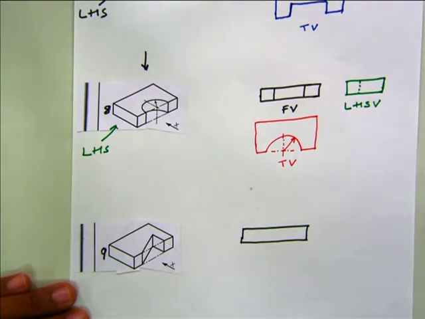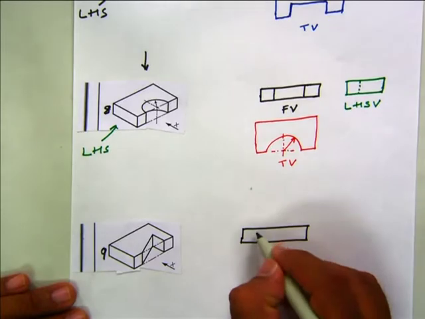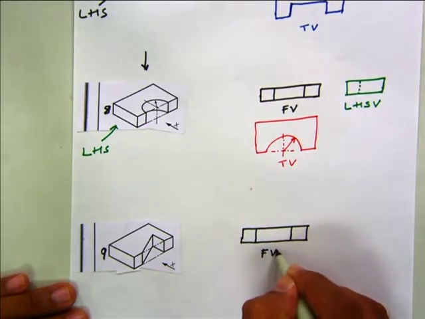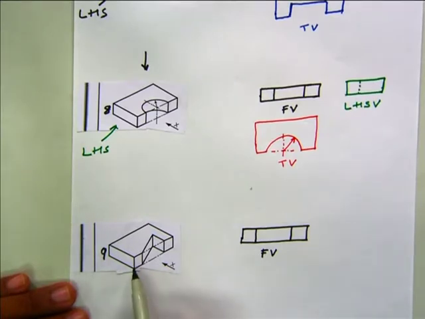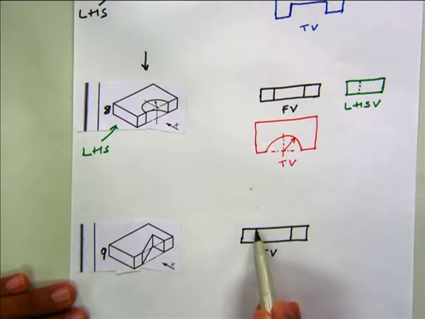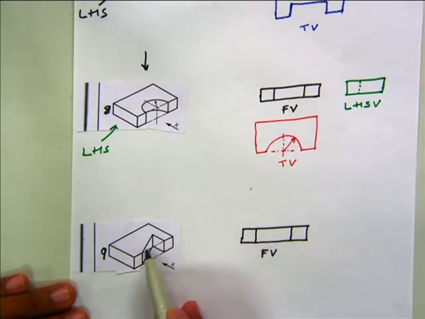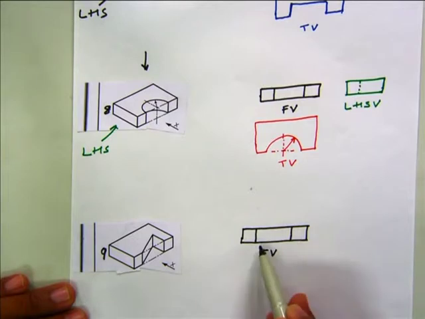The front view looks like this. This is your front view. You can see this slant line becomes an apparent line, a straight line over here, and this also here. So this entire line comes here. So this is your front view.